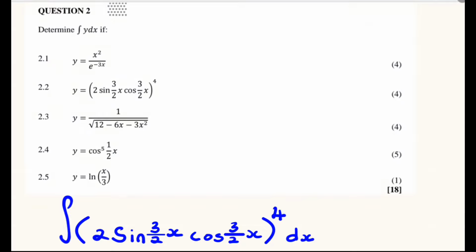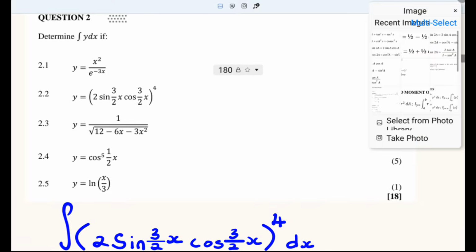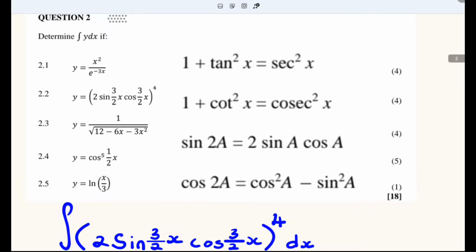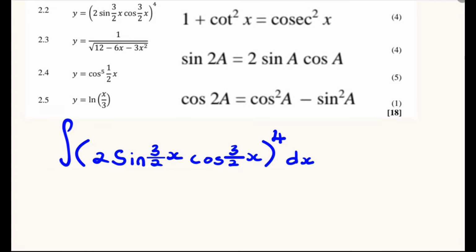Question 2.2, we integrated the following trigonometric function, and we are going to rely on our formula sheet for the trigonometric identity, and we are going to take the one which has sine 2a. So we have that 2 and that 2.